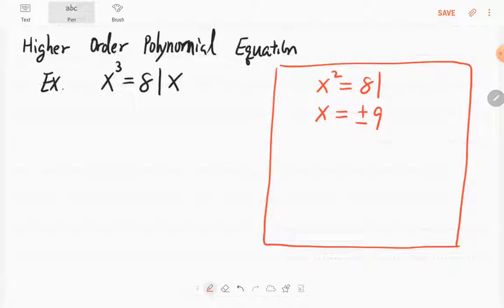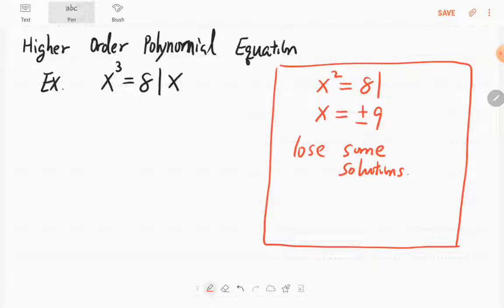But we notice that that is wrong. That is a solution, but we actually lose some solutions. The reason is that x equals 0 is a solution, right?